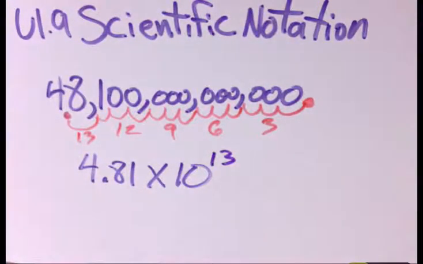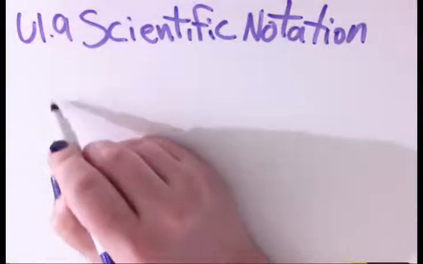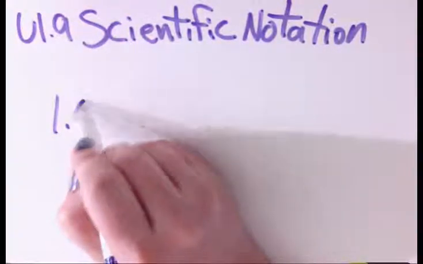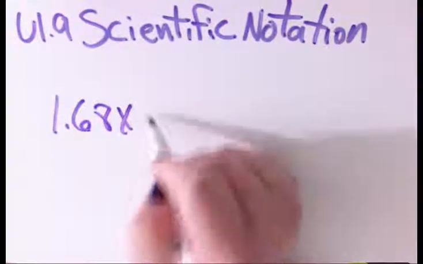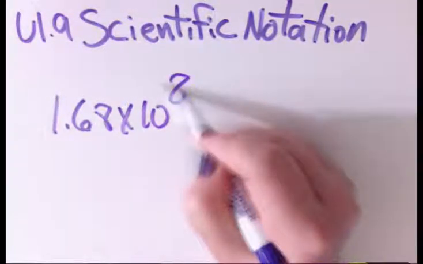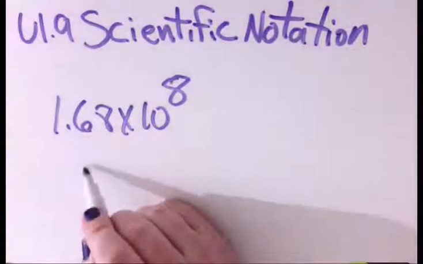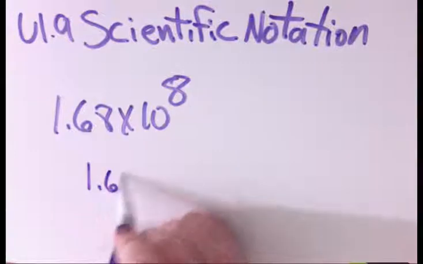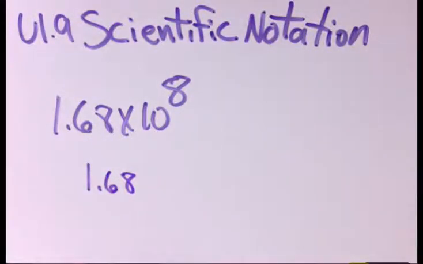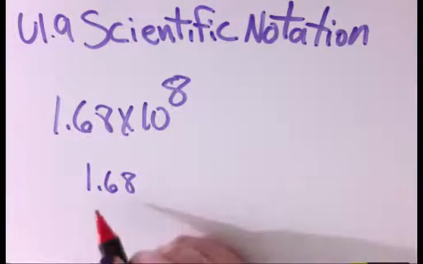So our exponent on the 10 is going to be 13. So if I was given in scientific notation 1.68 times 10 to the 8th, and we want to put that into standard form, so the way we normally write it out, I'd have to start with the 1.68, and now we're going to have to move that decimal point 8 places to the right.